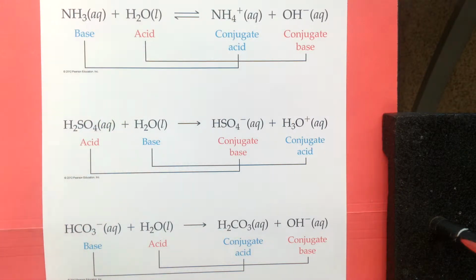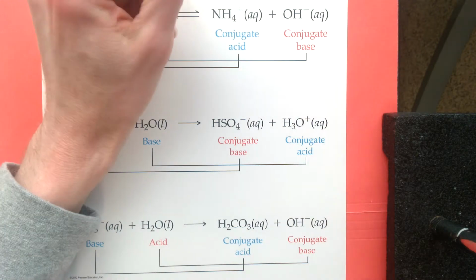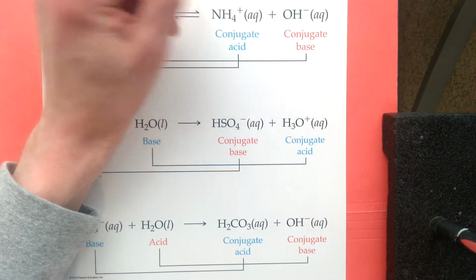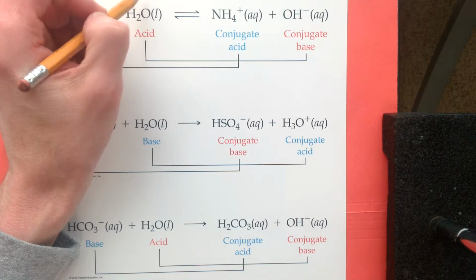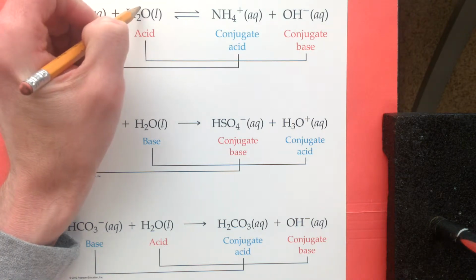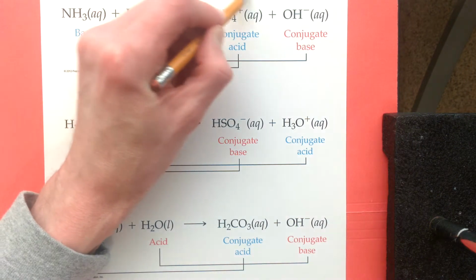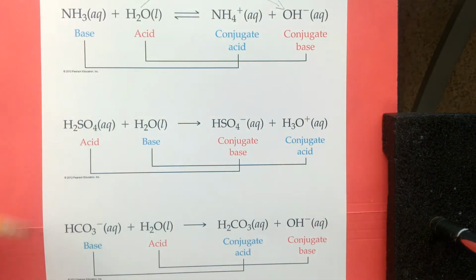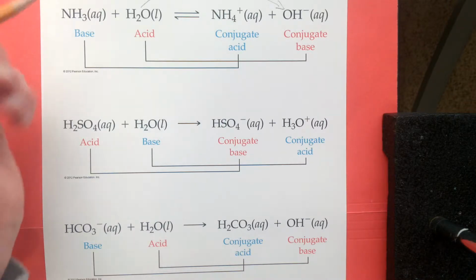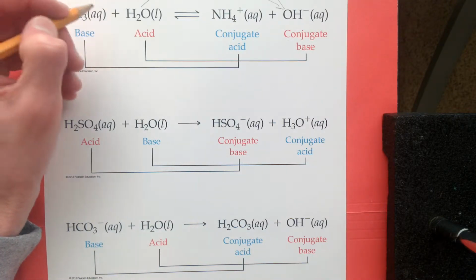A proton is simply an H plus ion, a hydrogen ion. So an acid is considered a proton donor, and a base is considered a proton acceptor.